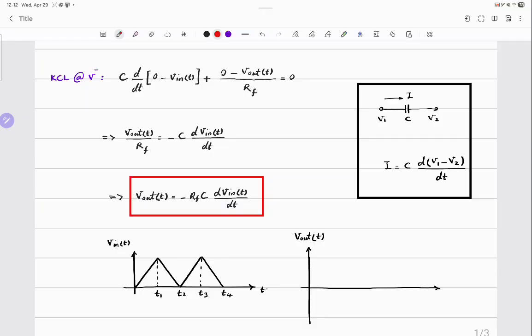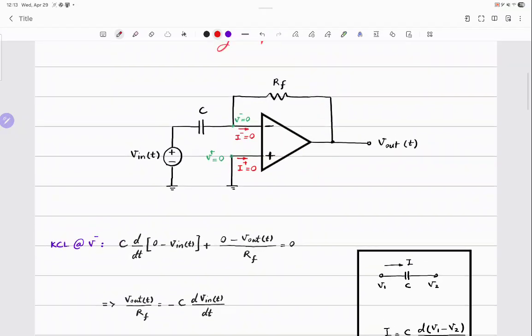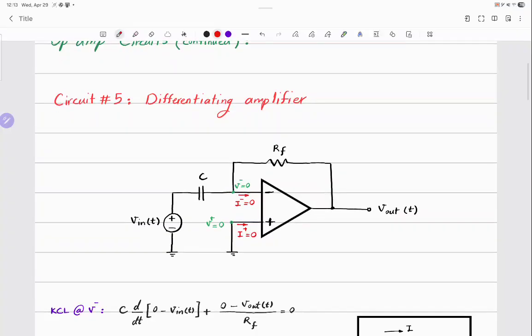Do you see that? The output is equal to some coefficient, RFC, which is just a scaling, and a negative sign, which only carries the meaning of flipping the signal around the horizontal axis, or changing the phase. But the important part is that it takes the derivative of the input and gives it to the output. So that's why we call this circuit differentiating amplifier.